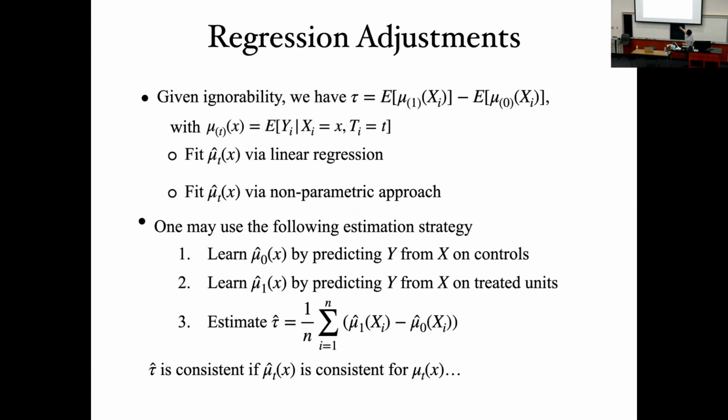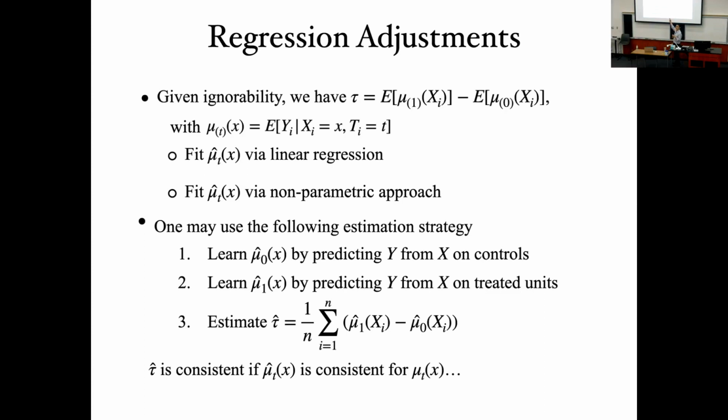This is more specifically the procedure. Sometimes you can use linear regression, and sometimes you can use non-parametric nonlinear models to estimate the mu, because it's nothing but a regression model, right? And then after you do that, you can estimate this by considering the difference of mu for the same value of X across the two groups.